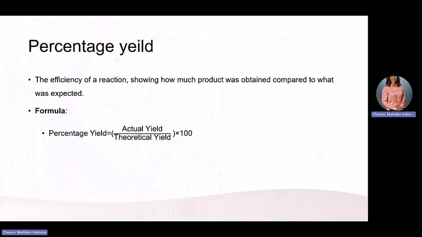So percentage yield, how much product did we actually produce versus what we expected. So the actual yield, how much we actually produced, and the theoretical yield, based on theory, what was then expected, and then we multiply by 100 to then get our percentage yield.